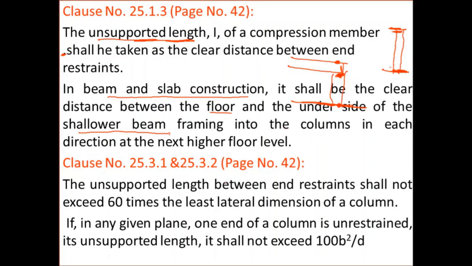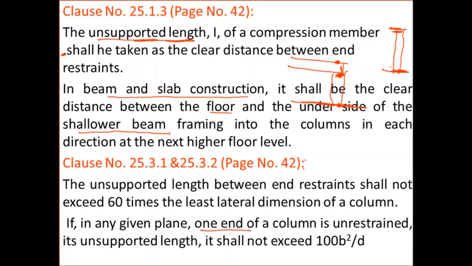Then the next clause is related to slenderness. The unsupported length between the end restraints shall not exceed 60 times the least lateral dimension of a column.